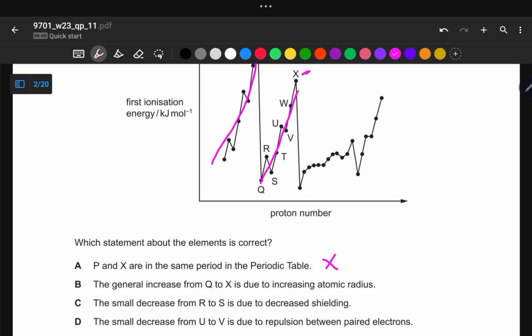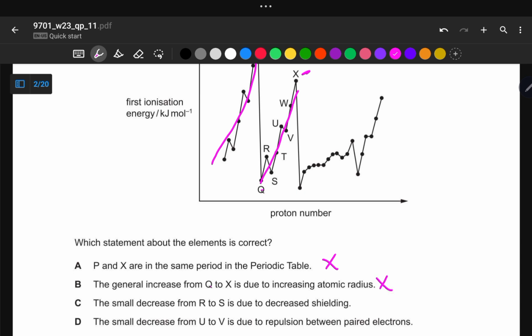And then B says the general increase from Q to X is due to increase in atomic radii. Atomic radii decrease across the period, and nuclear charge increases with increase in proton number. So this one becomes false.